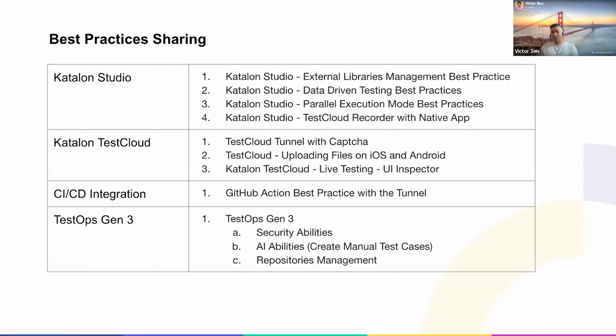Test Cloud, we have different best practices that you can use: the live testing UI inspector to get the correct object locator, because maybe like web we also have objects in mobile and they might resemble differently. So it's a best practice that you always pay attention to what you are actually recording, what you are actually interacting with.